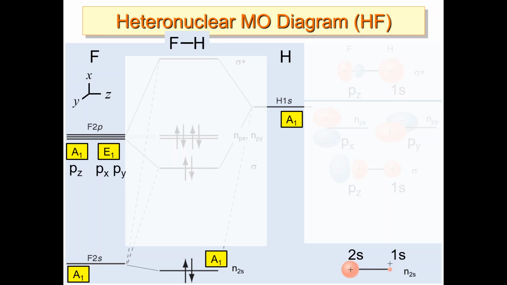And so that very little bit of mixing is shown here in the amount of 1s character that plays into this molecular orbital versus the amount of 2s. It's mostly the 2s orbital. You see, just the relative sizes. They're trying to show that this is mostly the 2s on the fluorine.